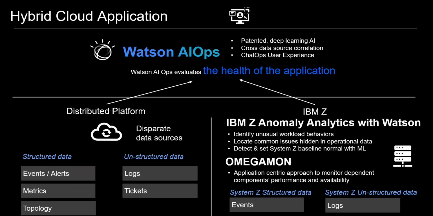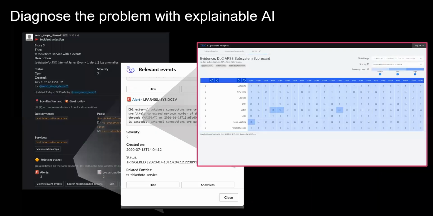Through the topology, it'll start to correlate those events together and say these are indicative of the same problem. So once we have all of this information coming together, we can start to correlate that information and diagnose the problem.